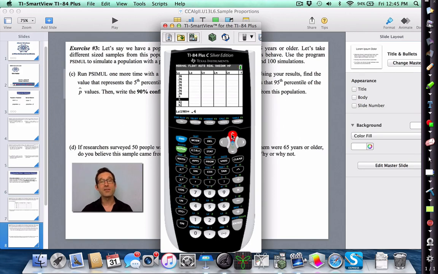So what we see is it's not impossible with a population of only 25% being 65 or older to have a sample that looks like that, but it is extremely unlikely. Only 1%. We might even be able to say that we're 99% confident that that sample came from a population that had a higher p than 0.25.